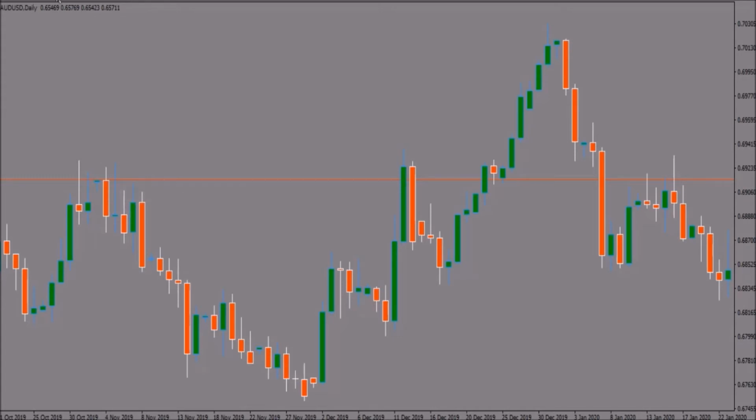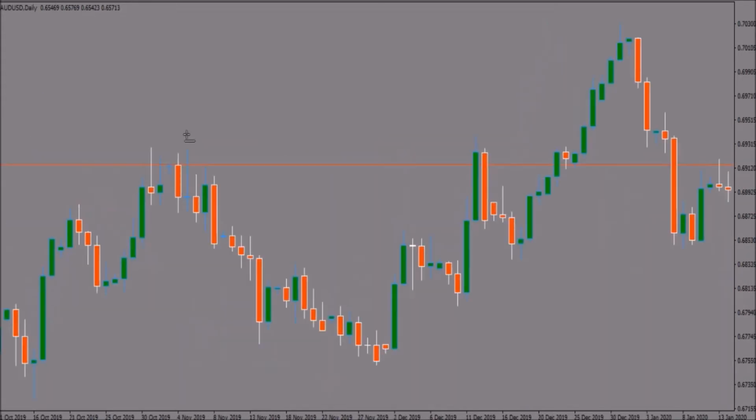I say you could do both, because it's more of a zone. So when it comes into this zone area, if it cuts up through it, then you know it's possibly going to keep traveling up. If it breaks, comes in the zone area and breaks down, then it's going to continue going down.